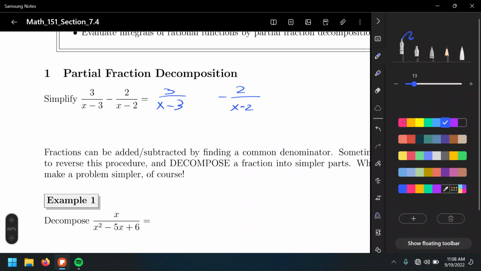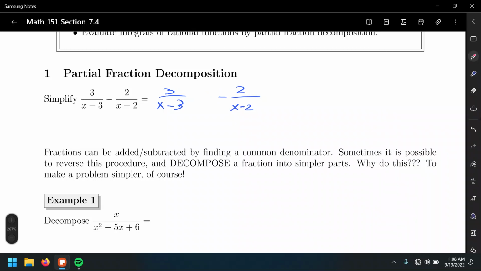We need to get a least common denominator. In the same way that we multiplied by 2 and divided by 2 in the numerical example, I'm going to multiply by the factor that makes them the same: x minus 2 and x minus 3.